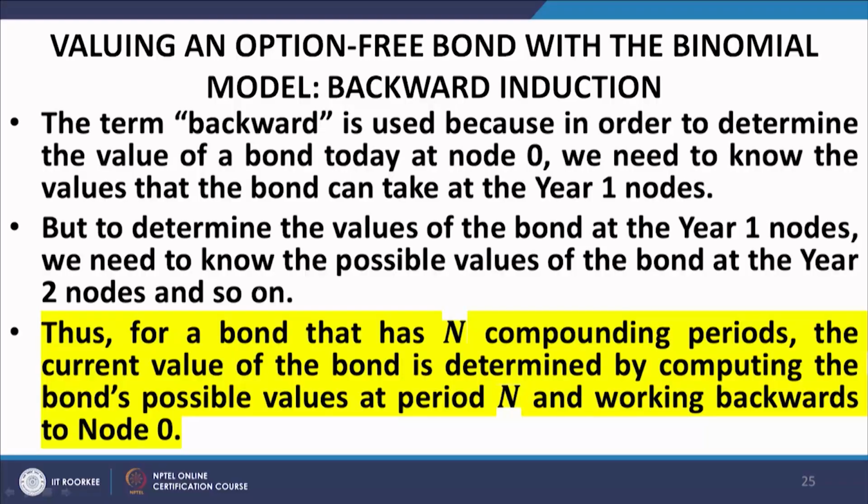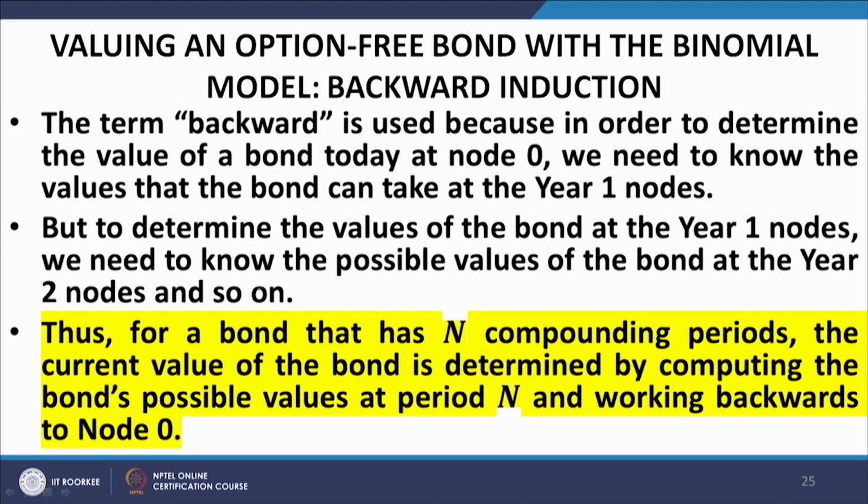So, let me quickly read out the slide for you. The term backward is used because in order to determine the value of a bond today at node 0, we need to know the values that the bond can take at the year 1 nodes. But in order to determine the values of the bond at t equal to year 1 nodes, we need to know the possible values of the bond at year 2 nodes and so on. Therefore, this is the cardinal point.